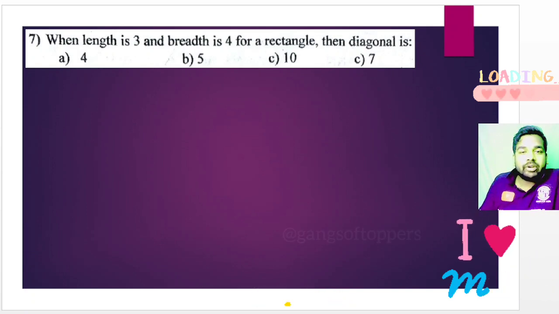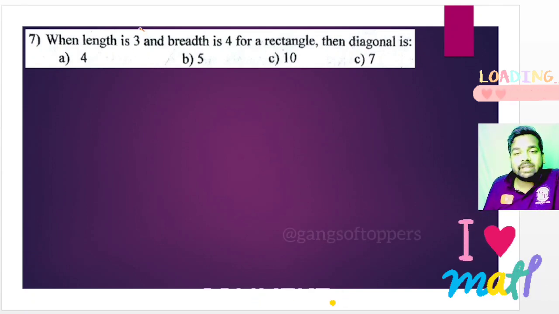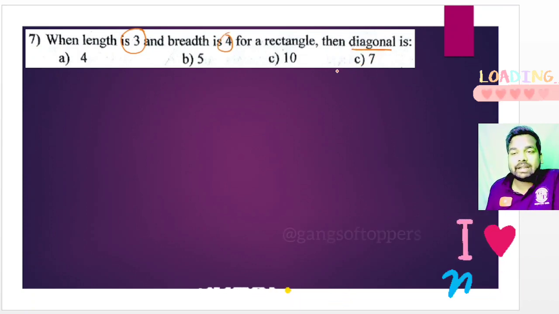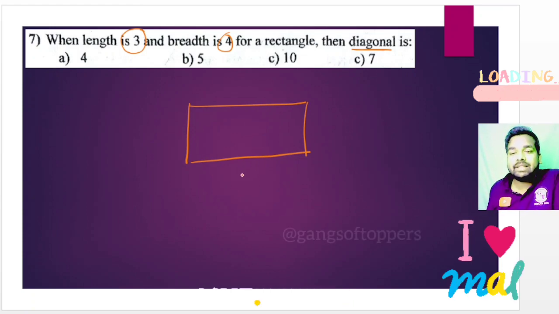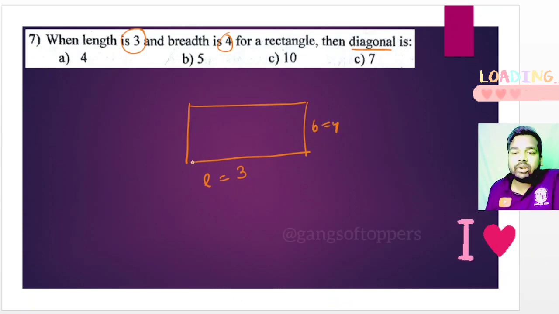Now the next question we are going to solve: when the length is 3 and the breadth is 4 of a rectangle, we are going to find the diagonal of this rectangle. I think this is a very easy question. Just make the rectangle, where the length L is equal to 3, and the breadth is 4. Then we are going to find the diagonal. So just apply the Pythagoras theorem.